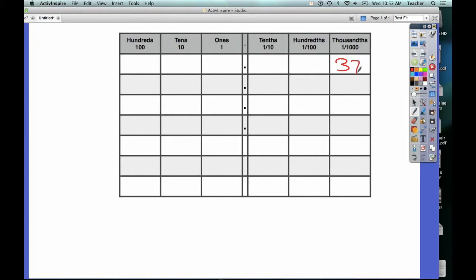Is that the right way to do that? No. It can only be a one-digit number in there, so we have to make it 3 with a hundreds place. Perfect, because this is like 30, right? So we don't want that. So we do 3, 7.